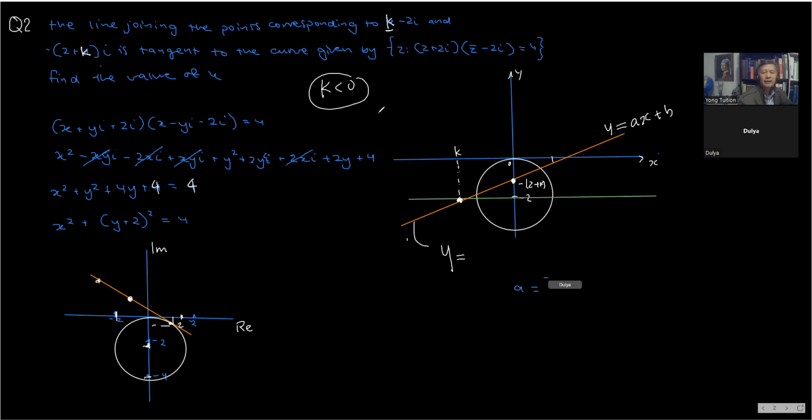Or we don't have to consider k, okay? We just take k as k, all right? If k is negative, it's negative. If k is positive, it's negative. Do I have to treat this k as negative? Up to you.